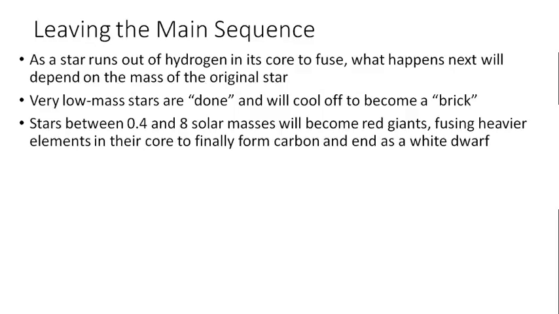So it will begin a next step of nuclear fusion in its core, but that stage won't last near as long as the stage it was on the main sequence. So it'll move up and become a giant. You saw in the HR diagram kind of where those were, up and over to the right a little bit, and then it will cool off, and it will eject its material and give us a planetary nebula, and then it will cool off and become a retired star, a white dwarf.